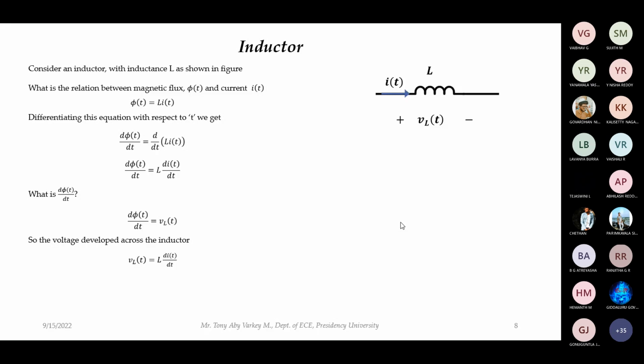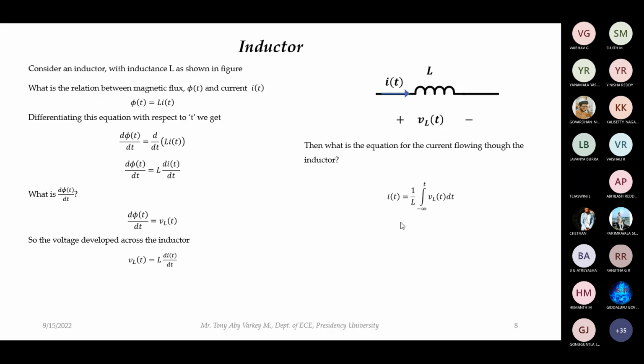So from this equation, can you find an equation for I of t? It will be 1 by L into integral VL of t into dt. Okay, 1 by L integral of VL of t, correct.